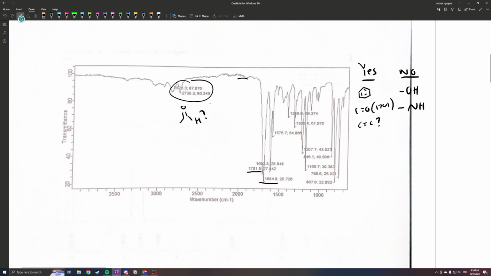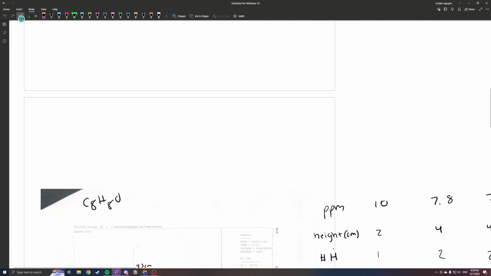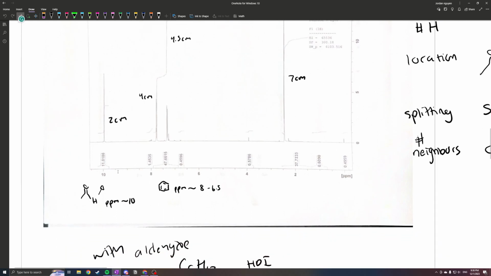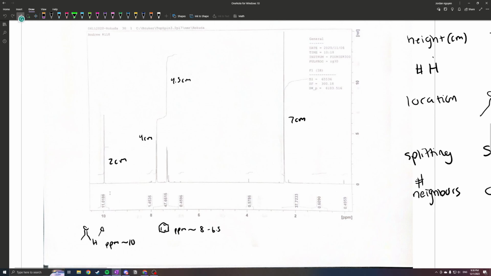Then afterwards I moved to the NMR. First I looked at the ppm of the peaks, and I know there are 4 main peaks too. The first one was the peak around 10 ppm, and I know that a peak around 10 ppm usually indicates an aldehyde, and that matches with what I determined in the IR, so there should be an aldehyde in my structure.